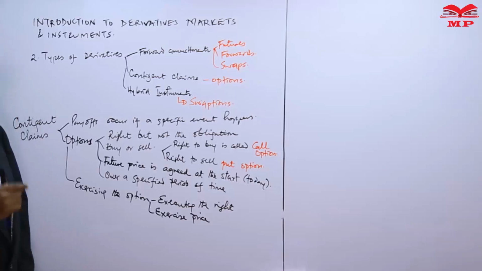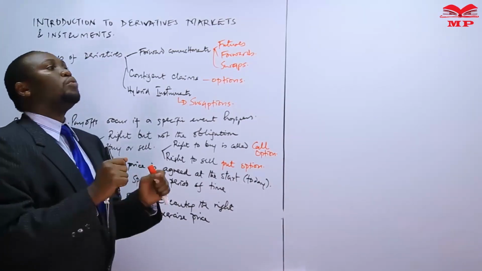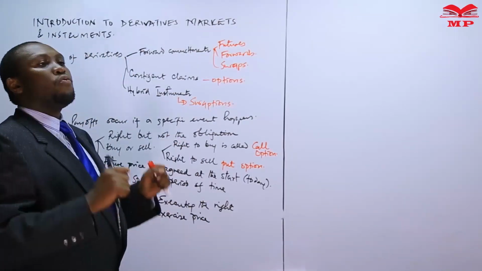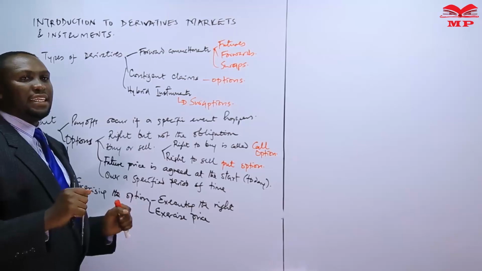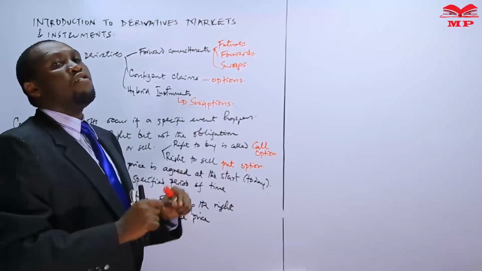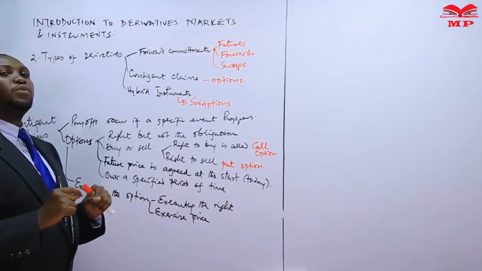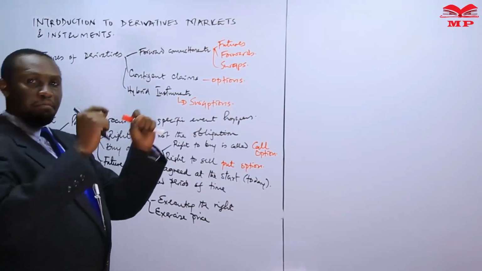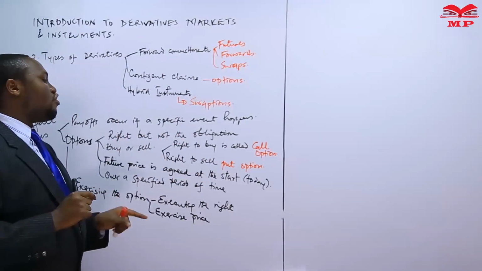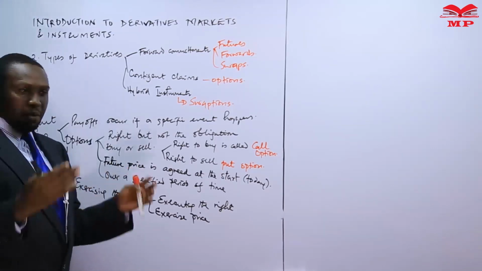If you have a contract to buy the KCB share at 50, when the market price is 48 shillings, no one would buy at the expensive price of 50. Therefore, you will not exercise the option, you let it expire.